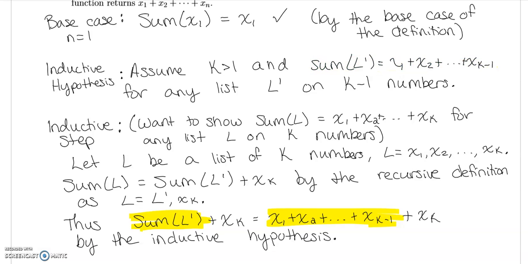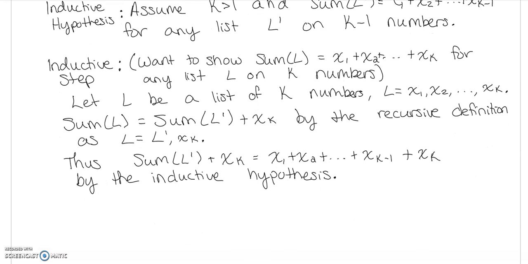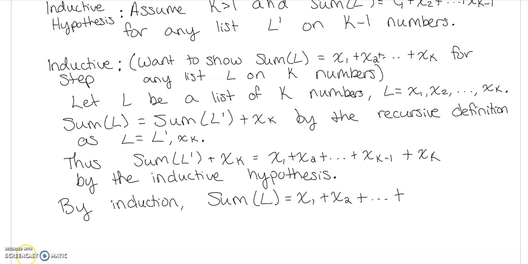So now that we've finished our inductive proof, we should write out the final statement. We should say, by induction, sum of L equals x sub 1 plus x sub 2 plus all the way up to x sub n.